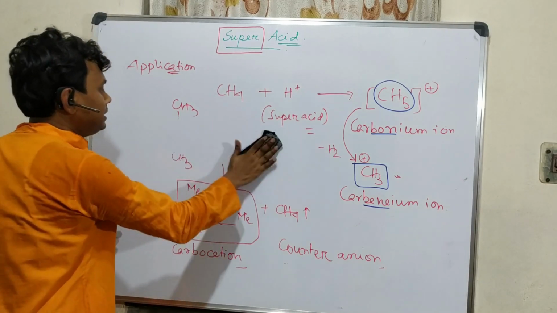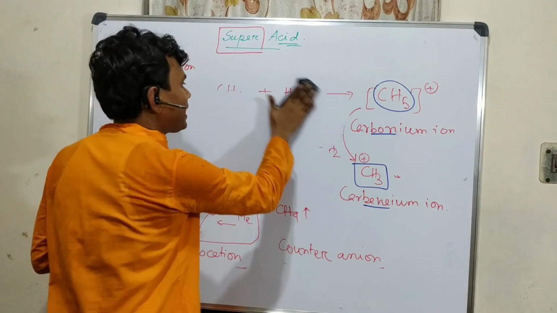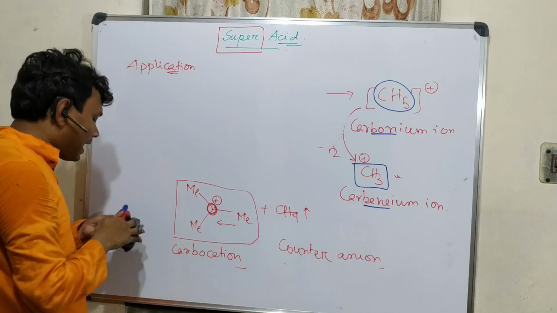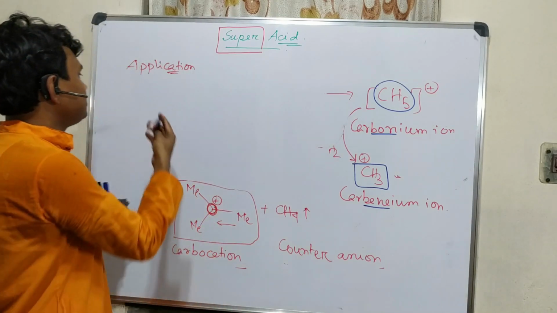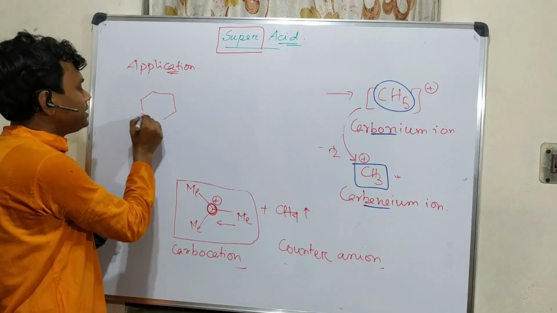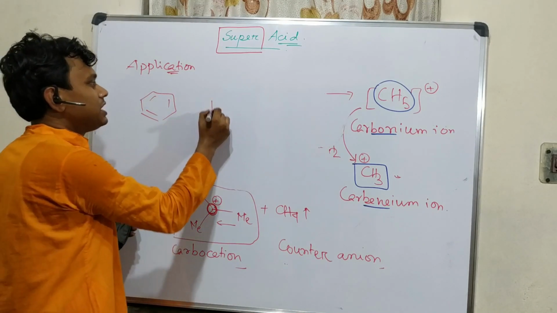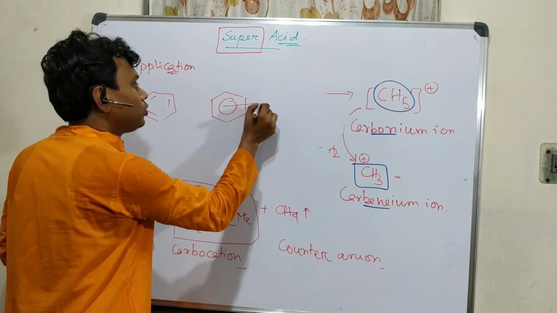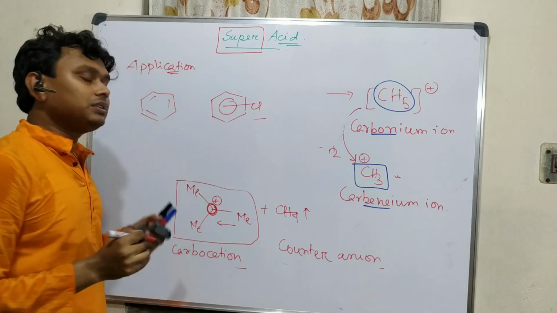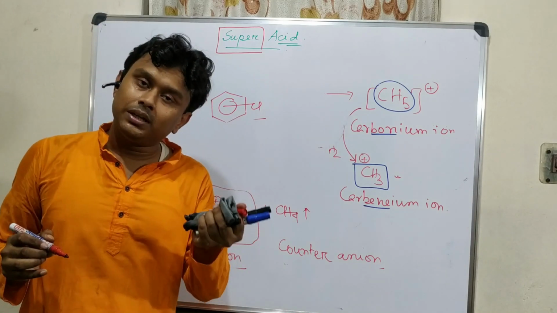Another thing: in industry, these superacids are used to alkylate aromatics like benzene, which is relatively electron rich, and even relatively less electron-rich ones like chlorobenzene, with ethylene or propylene.